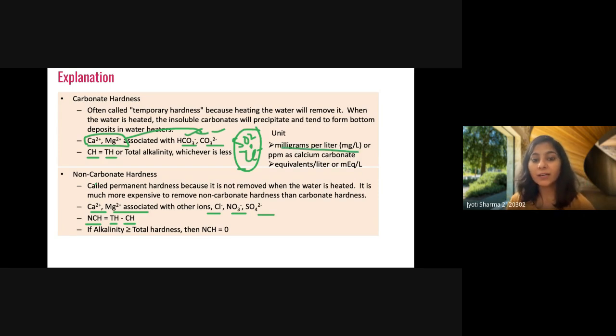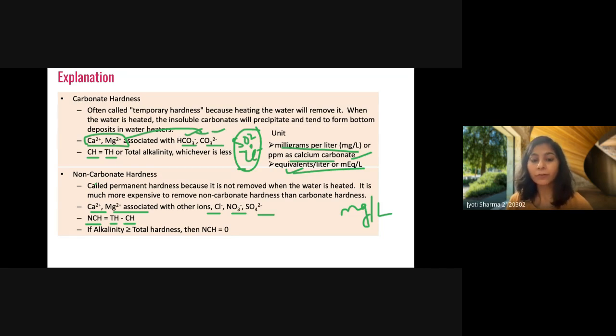I will try to help you solve that, but before that, this is very important: just see the units. These units are mg per liter, meaning how much of that particular chemical we have per liter of the total water, or ppm as calcium carbonate. I will tell you how we can calculate that. The other important units are equivalent per liter and milliequivalent per liter.